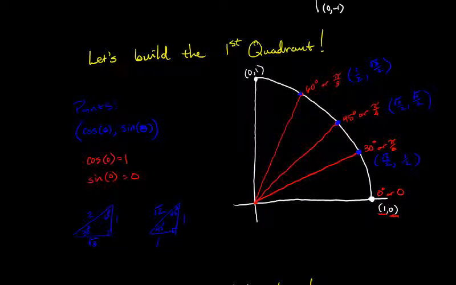So if somebody is trying to use the unit circle, right, they could look at this first quadrant, and if somebody asks them what's the sine of 60 degrees, all they have to do is look at the y value, right, and they could say the sine of 60 degrees is rad 3 over 2.